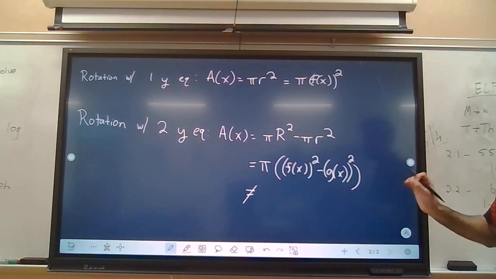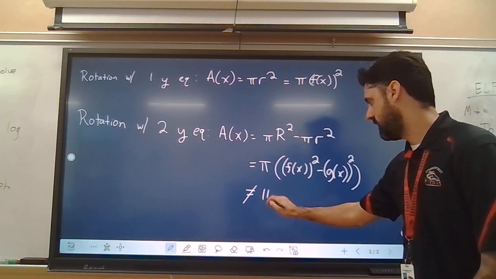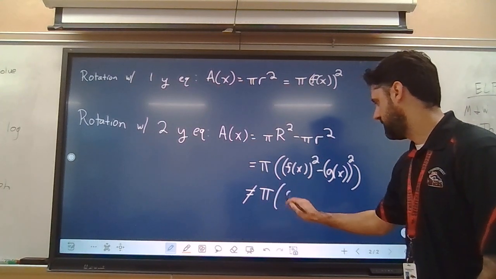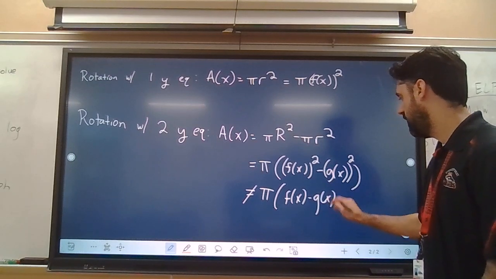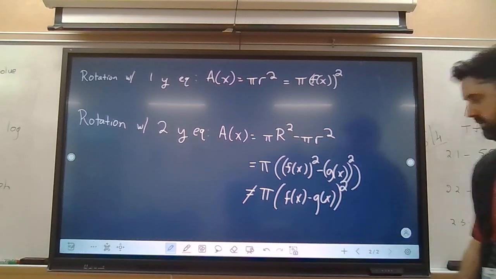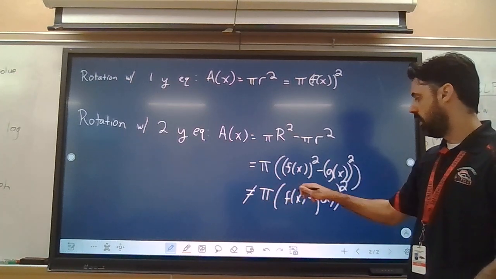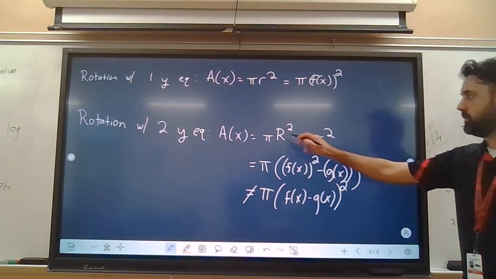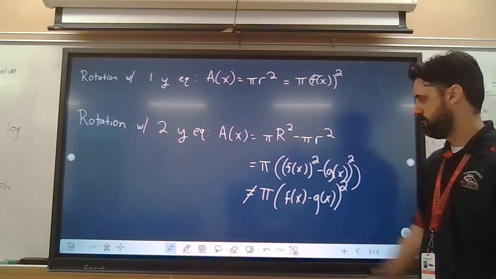But I want to point out, this is the correct formula. It is not equivalent to doing this, top function minus bottom function, all being squared. Okay, we are never going to use this formula. It's never going to be pi r minus r squared. It's pi r squared minus pi r squared, or again, factor out the pi.